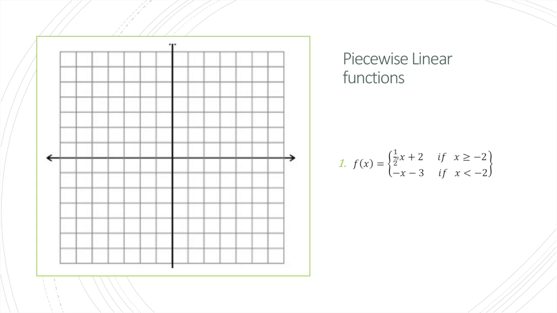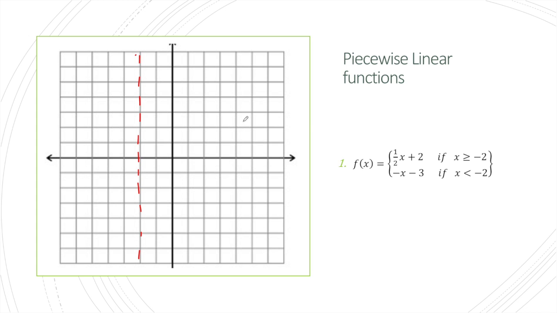So here I have the line 1/2 x plus 2 if x is greater than or equal to negative 2. So where's negative 2? Right here. So I care about when x is greater than or equal to negative 2. This kind of divides my domain into two halves, right?